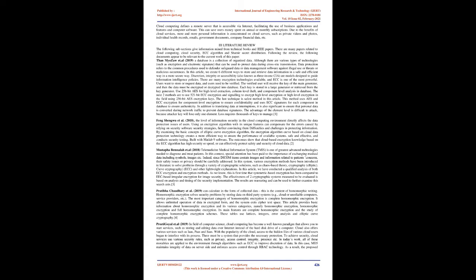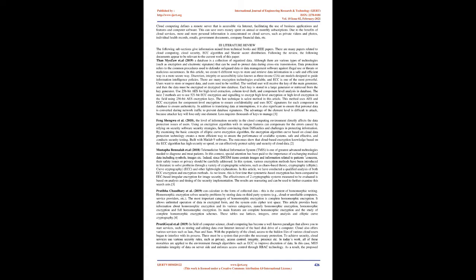Pratibha Chaudhary et al., 2019, can calculate in the form of collected data. This is the content of homomorphic encryption. Homomorphic encryption solves security problems by storing data on third-party systems, e.g., cloud or unreliable computers, service providers, etc. The most important category of homomorphic encryption is full homomorphic encryption.